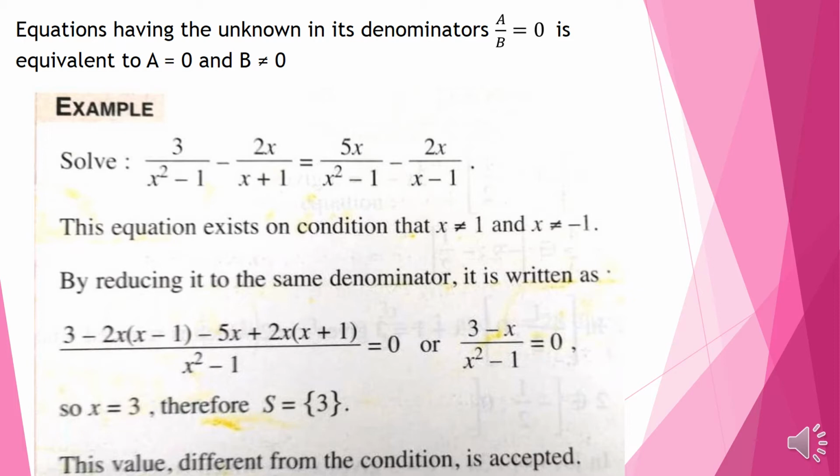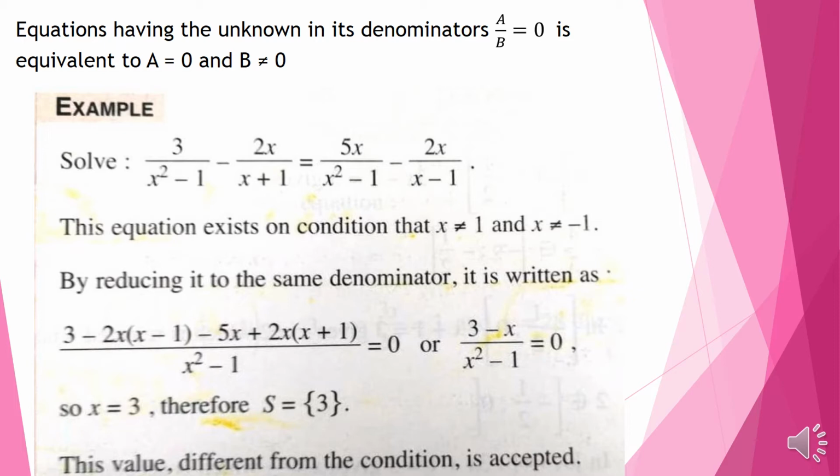We get this form equals 0. So expand and simplify, we get 3 minus x over x squared minus 1. If you expand and simplify the numerator, you get 3 minus x, and the denominator is still x squared minus 1.